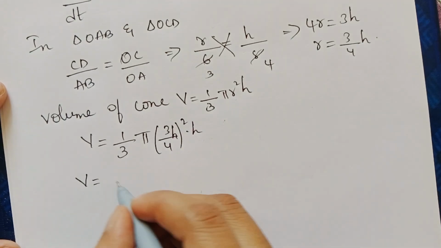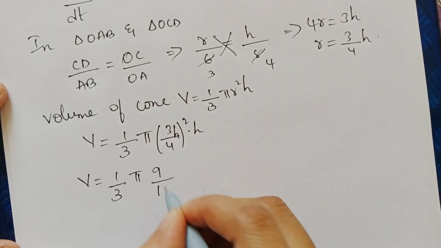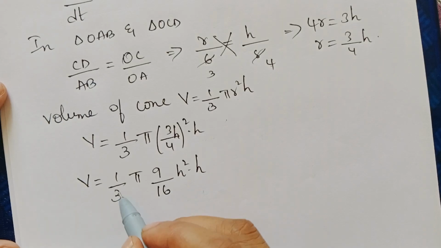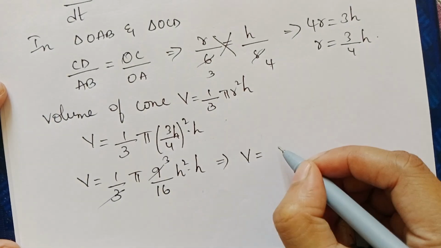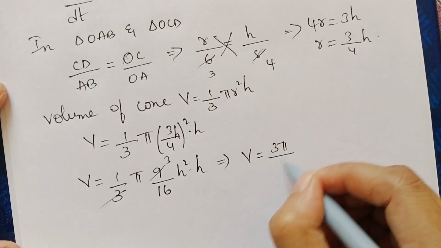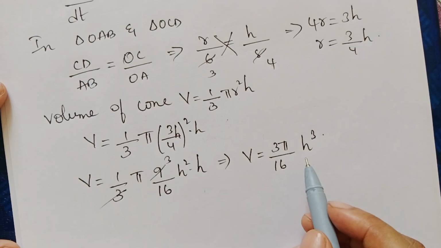So it is V = (1/3)π (9/16) h² into h. 3 ones and 3 threes, so we'll get V = 3π/16 h³, since h² into h gives h³.